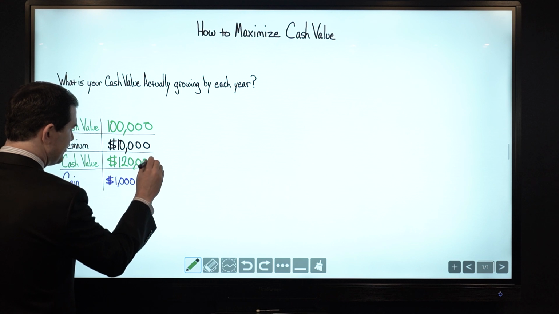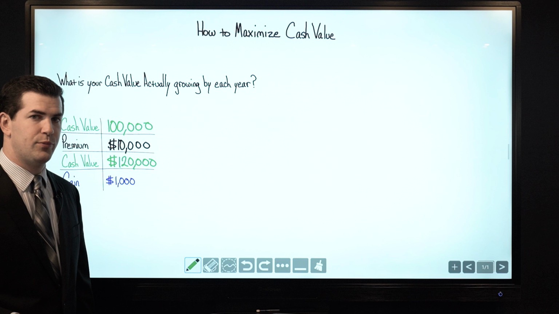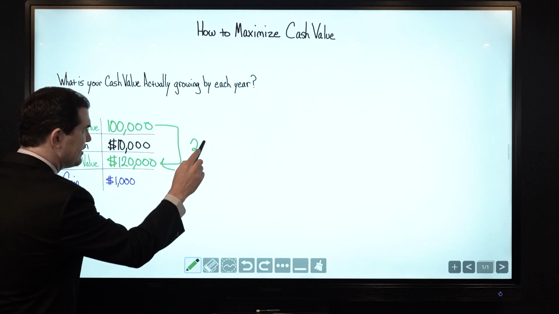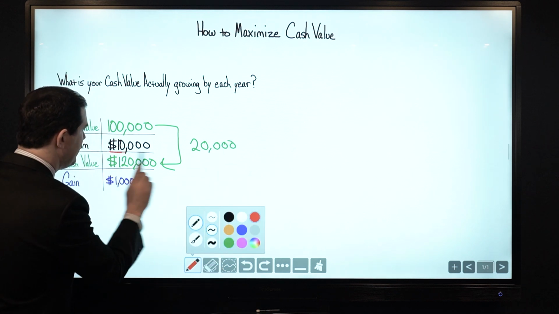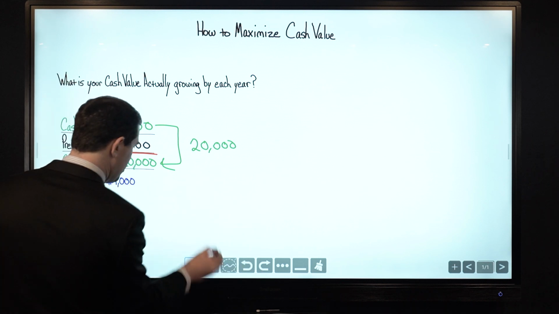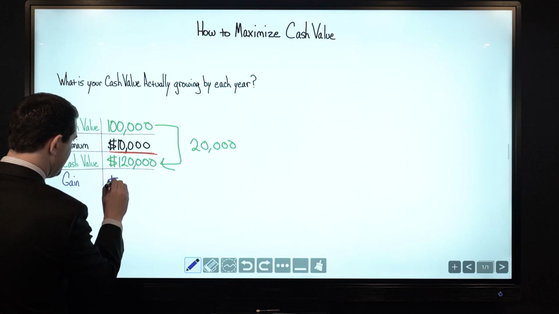It was $100,000, now it's $120,000. What was your gain this particular year? Well, it grew from $100,000 to $120,000, so that's $20,000. However, we want to make sure that we factor in the $10,000 payment that you made out of pocket as well, which would bring your net gain down to $10,000.